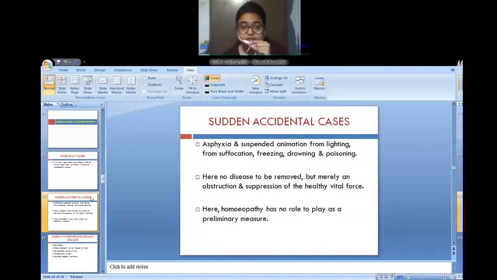So here homeopathy has no role to play as a preliminary measure. Preliminary measure means at first homeopathy cannot do anything. It needs emergency aid here because these are accidental cases. And after that, when the effects arise, the symptoms arise, we can apply homeopathy. But homeopathy has no role to play as a preliminary measure in these types of sudden accidental cases.